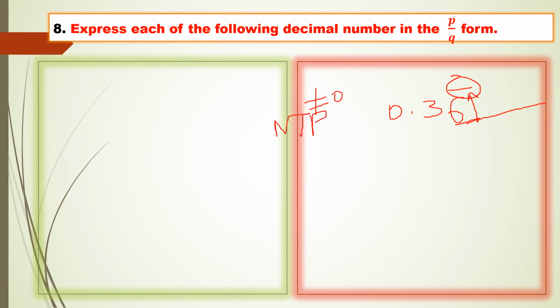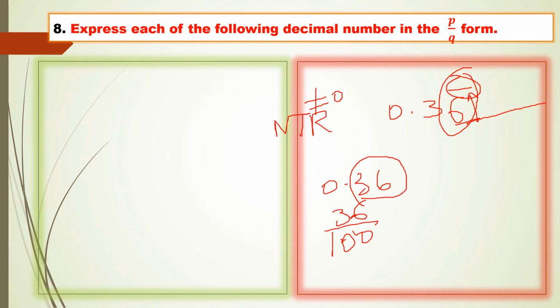See, just now for 0.36, I know that after the decimal 2 digits are there, so I divided 36 by 100. But for 0.36 bar, I cannot say how many digits are there, because the 6 is repeating. After the decimal I cannot say how many digits are repeating.